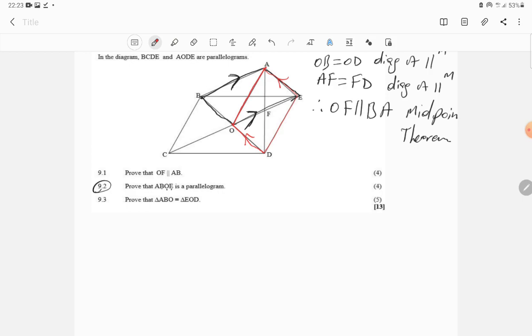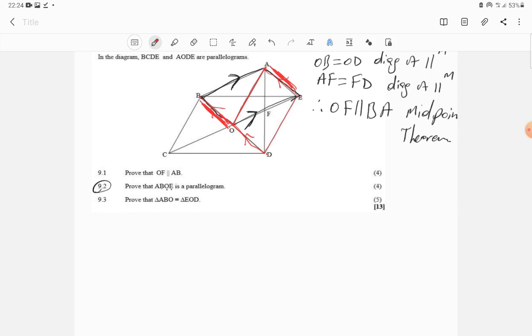This makes this one also parallel to EA. So BO in this new parallelogram is parallel to AE, because we proved that if OD is parallel to AE, then OB is also parallel to AE, because this is just the extended line.